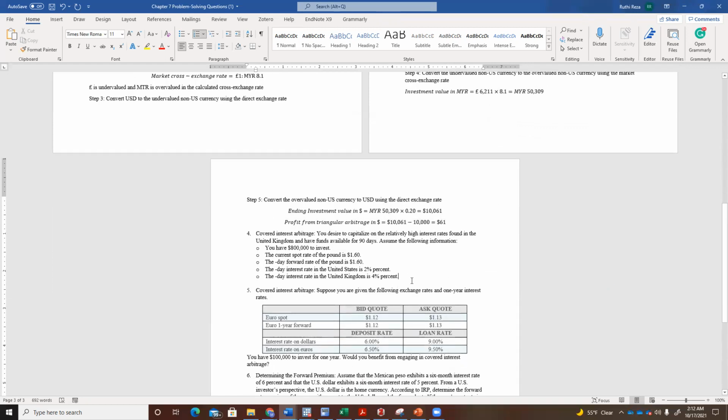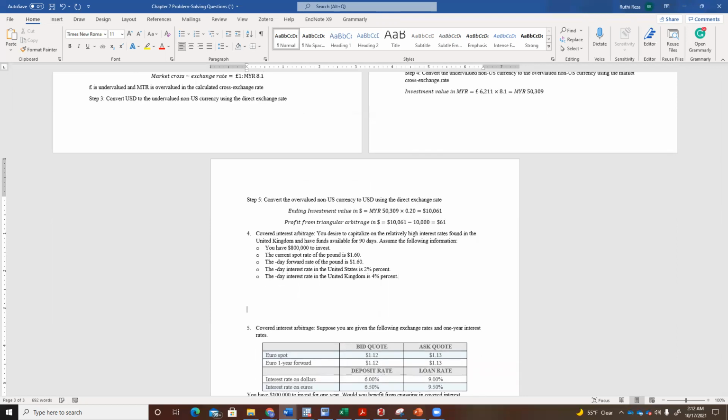Okay, now in question number 4, we are going to do covered interest rate arbitrage. In covered interest rate arbitrage, we take opportunity of high interest rate in a foreign country. Now, in this case, you can see United States just offer 2% interest, whereas United Kingdom offers 4% interest.